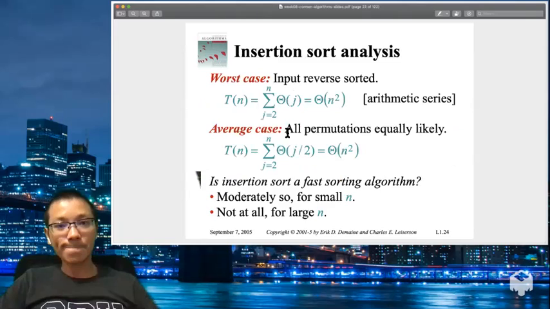So back to our insertion sort. Now, this is a very simple way to think about this. The running time, T of n, for insertion sort is actually a summation, right? Now, you see j equals 2 through n.